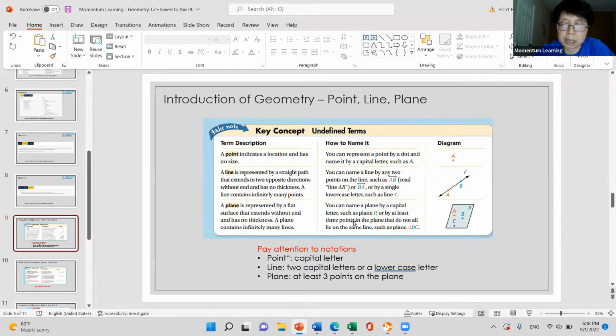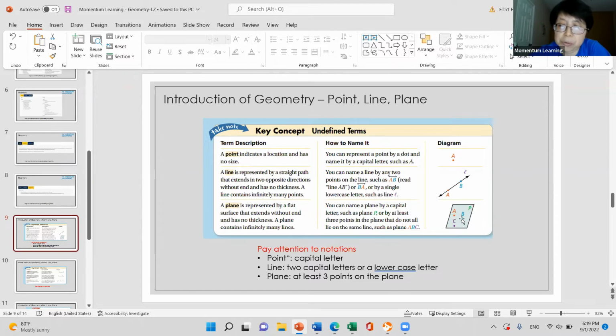And again, the name of the plane is important. So we normally use 3 different points, and these 3 points need to be noncollinear. They can't lie on the same line.